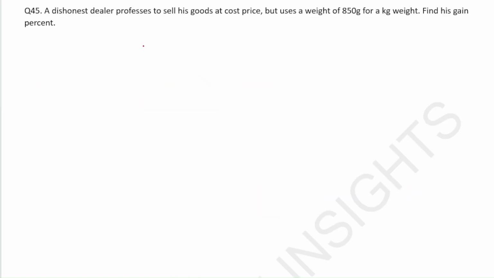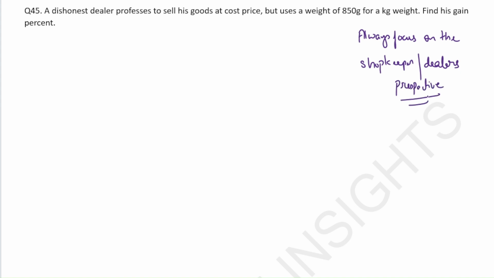Whenever you're solving problems related to dishonest dealer, you have to always focus on two things. You always have to focus on the shopkeeper or the dealer's perspective.